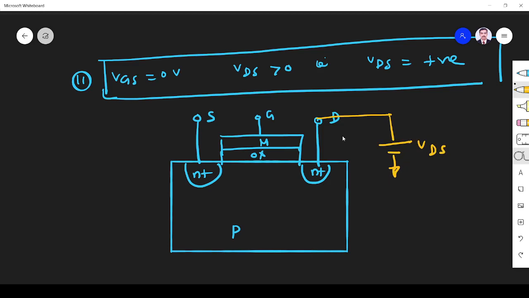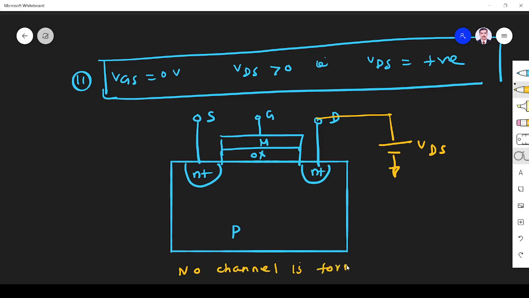Here I apply some voltage, but there is no channel formed for the charge carriers to move from source to drain.